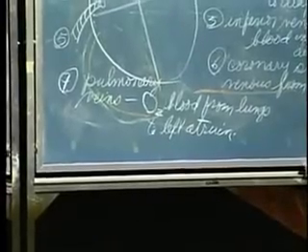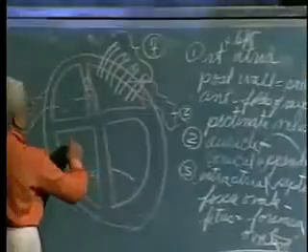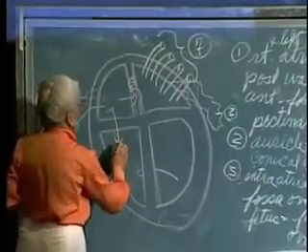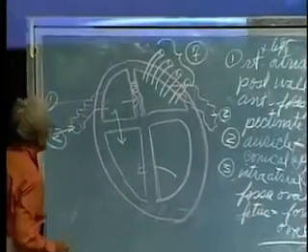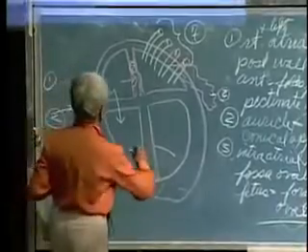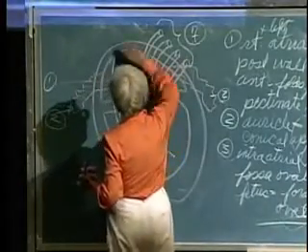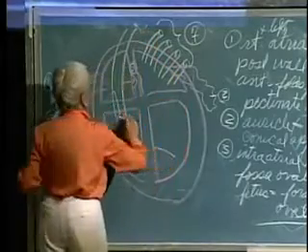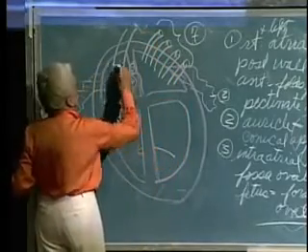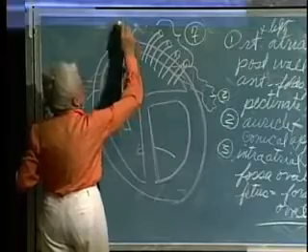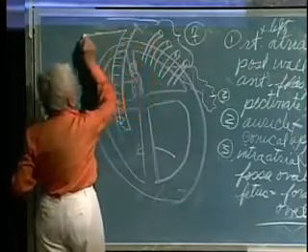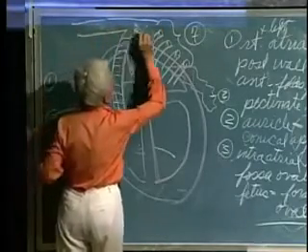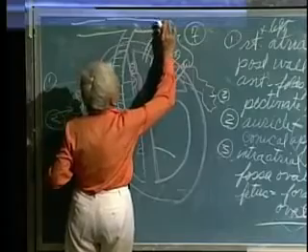Now we've got to get this venous blood into the lungs. So it's going to go out what's called a pulmonary trunk. A pulmonary trunk is going to go out. And it's going to divide into a right and left pulmonary artery.